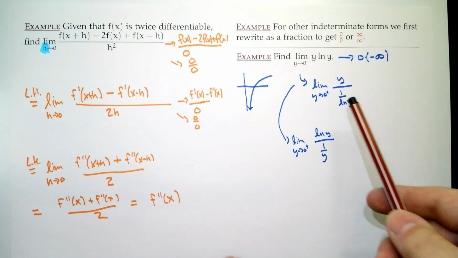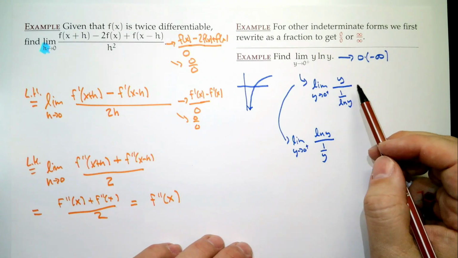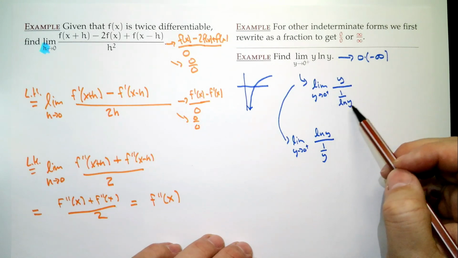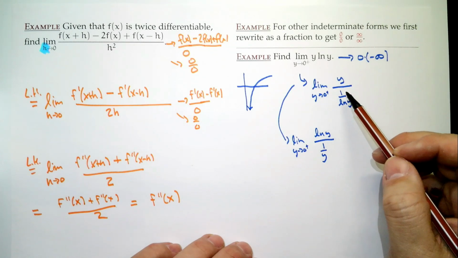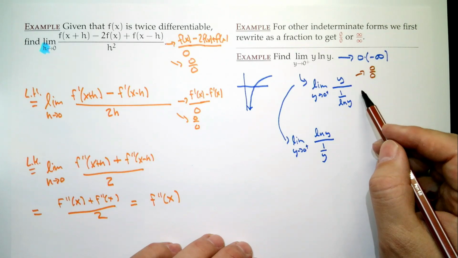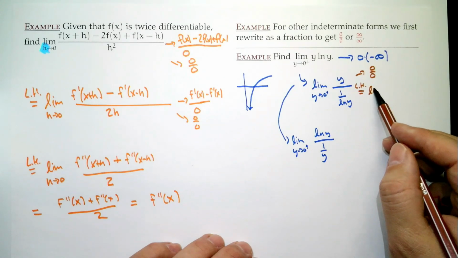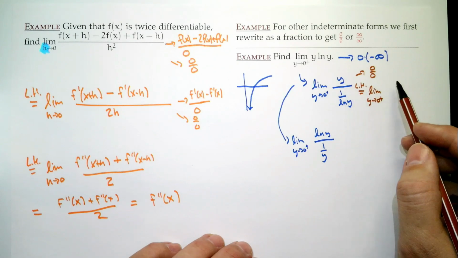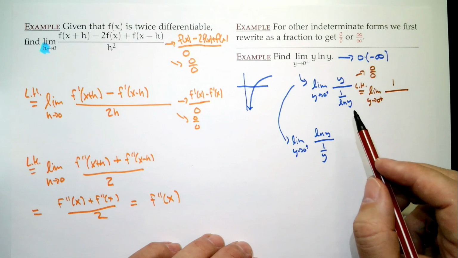For instance, suppose that we look here. Limit as y goes to 0 from above. Well, what happens to the top? Goes to 0. What happens downstairs? Goes to 1 over a huge number, which is 0. So this is currently going to 0 over 0, which means L'Hôpital. Okay, so we apply L'Hôpital. What's the derivative of the top? 1. That's great. What's the derivative of the bottom?